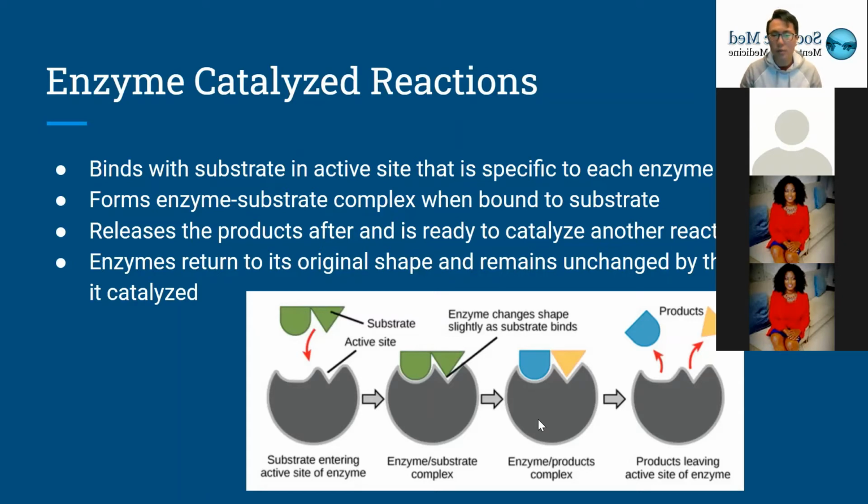So it's not used up. It can start catalyzing another reaction right after. And like I said, it returns to its original shape and remains unchanged. On the bottom is just a small diagram of how the enzyme catalyzes the reaction.